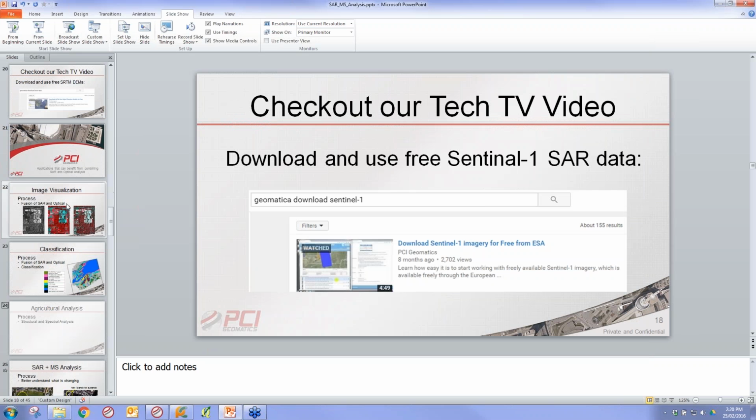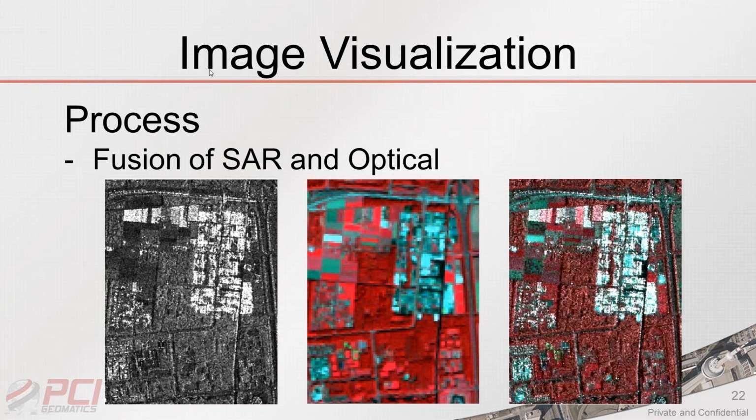So going back, just looking at some of the different applications. Image visualization is a popular application. When you're working with lower resolution imagery such as Landsat or a variety of older or even medium resolution sensors, we can often provide some improved visualization of the data by adding texture information.